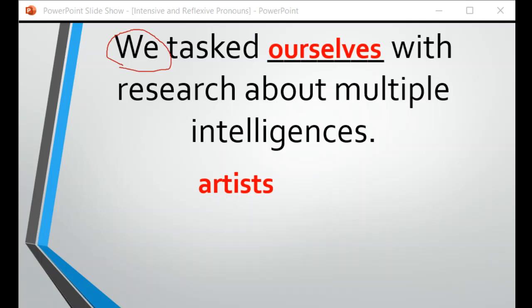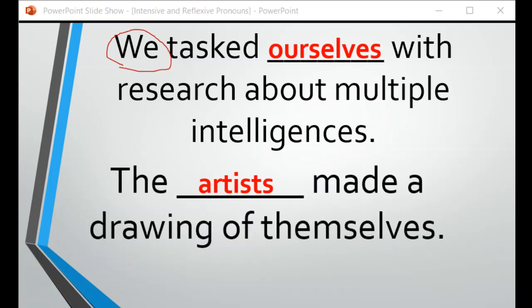Ourselves, not ourself. That is because ourselves is plural. And if we use ourself, it's going to be wrong. So, we tasked ourselves with research about multiple intelligences.